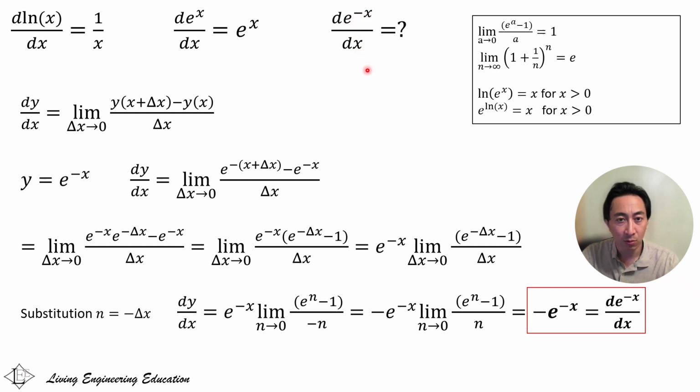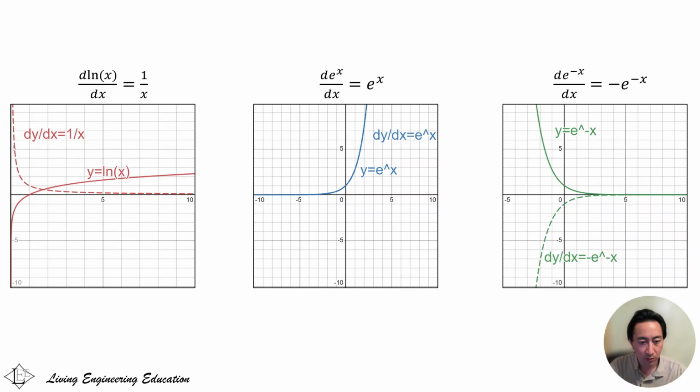So now that we have these, let's take a look at the graphs and understand, at least graphically, why these are the derivatives, at least from a sign perspective, that they behave the way that we would expect. All right, so we can look first at the natural log. So here in the solid red, we have the natural log function.